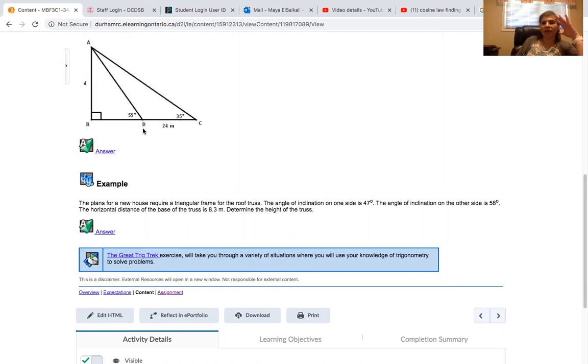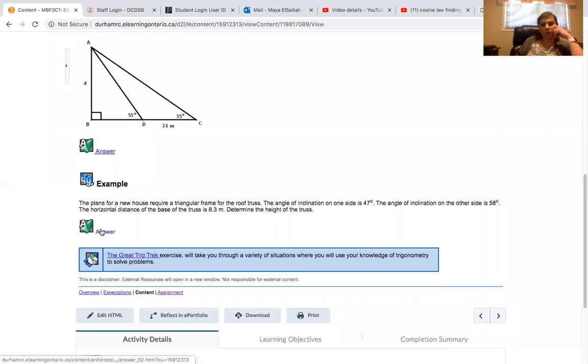The angle of inclination of one side is 47 degrees, while the angle of inclination on the other side is 58 degrees. The horizontal distance of the base of the truss is 8.3 meters. Determine the height of the truss.